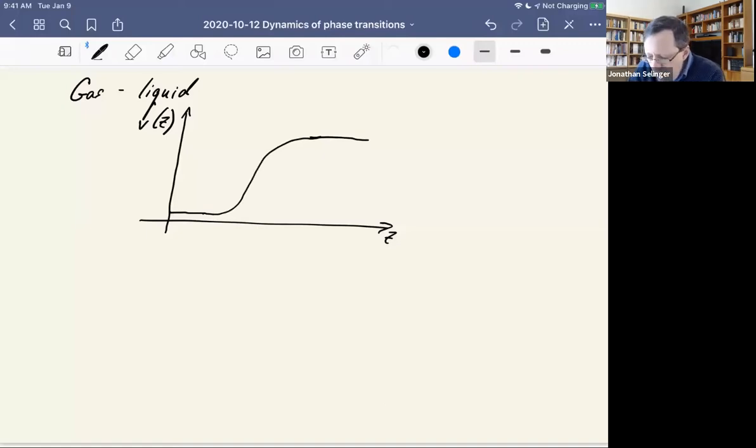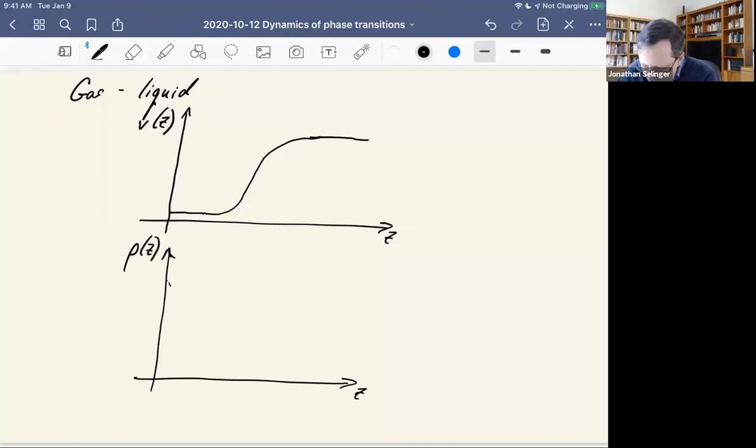So it would also be similar to what we calculated for the magnetic problem, something like a hyperbolic tangent profile. Okay, or this is making a plot in terms of the volume. We could make the same kind of plot in terms of the density. So a rho of z. So it would be a high density in the liquid and then dropping down to a low density in the gas phase.